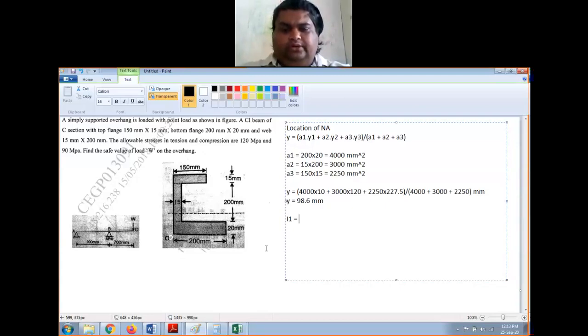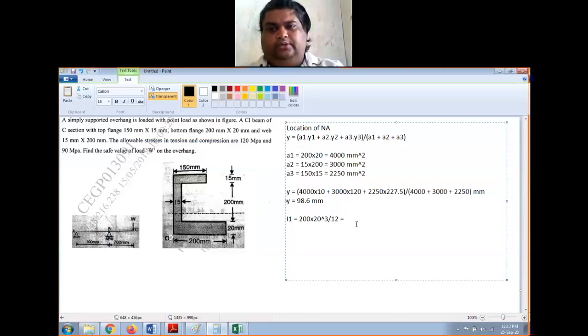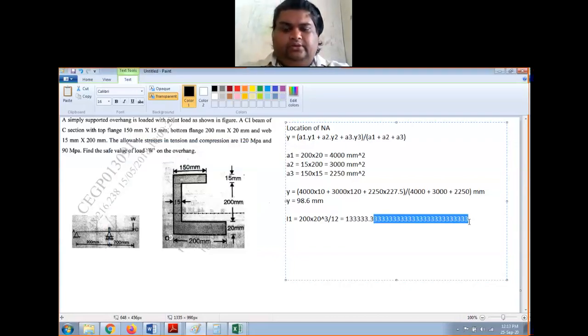So 200 into 20 cube by 12. Just copy and paste it here. One decimal is sufficient for me, mm raised to 4.